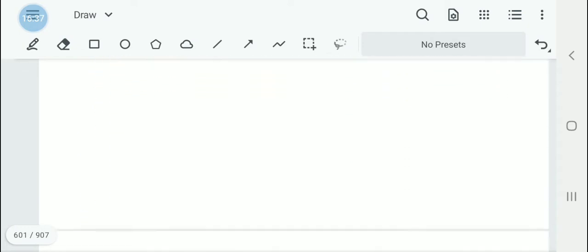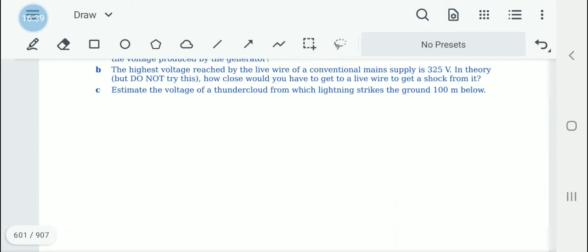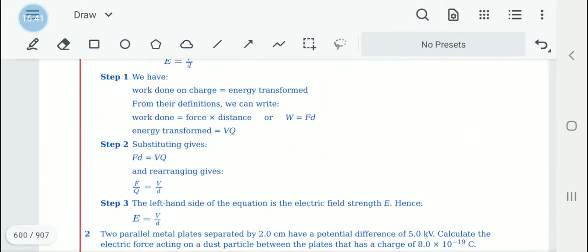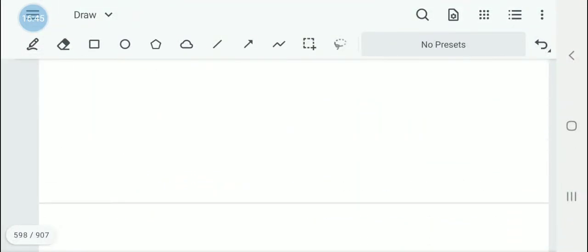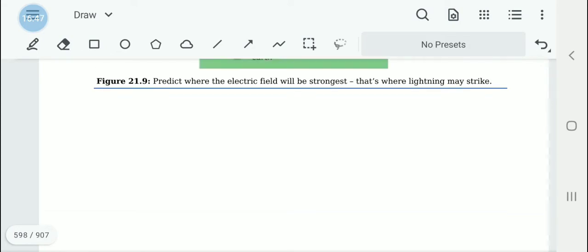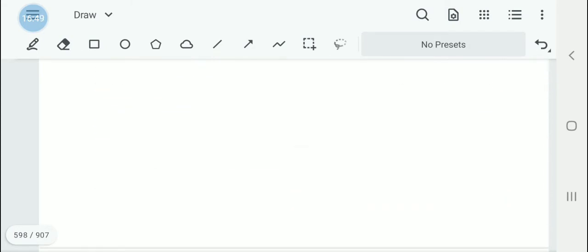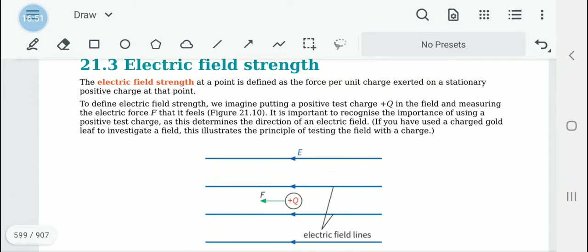After you are done with it, you will have to do the questions from 4 to 8. But before that, let me give you the note so that you have this to refer to. Write down electric field strength. Take a different colored pen and write down the definition.